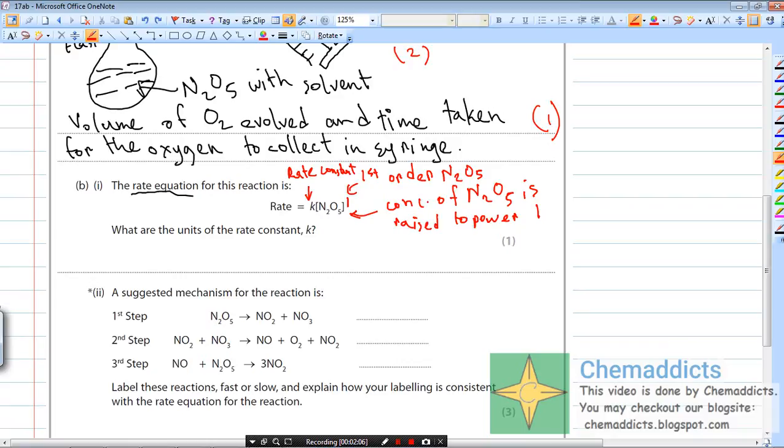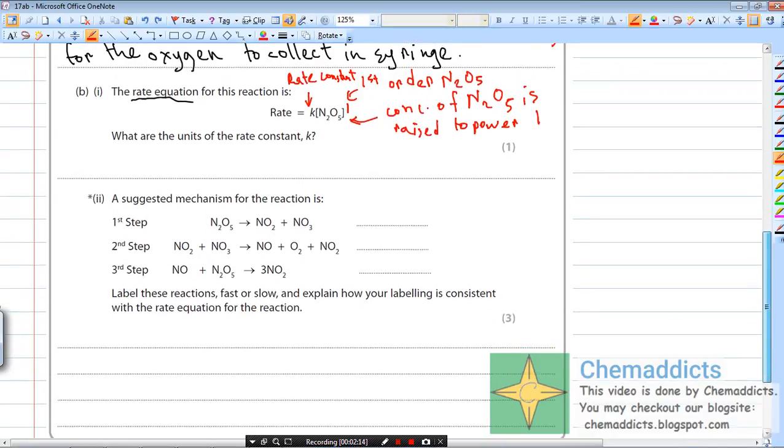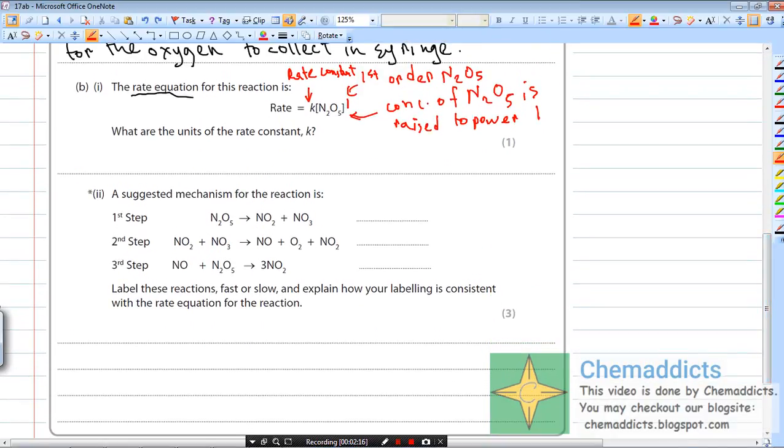So here they have asked what the units of the rate constant are. Let us now examine this. The unit for rate is mole per dm cube per second.